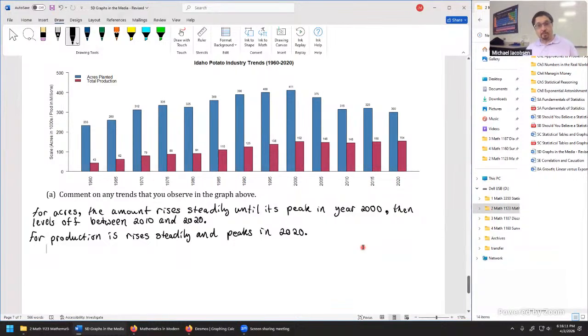So again, there's lots going on with this graph. It's not the worst graph in the world, but there are some complaints about it. It probably was not appropriate to put two bar charts together like this on one scale that went to 500, when production itself peaks at 154. That seems like the scales are just not compatible, really.